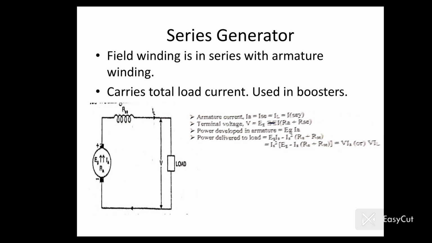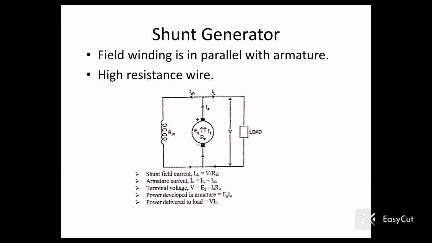In this type, the field winding is connected in series with the armature winding. That means the entire armature current flows through the field and the load. Since it carries high current, the winding has few turns of thick wire with low resistance. These generators are rarely used, only for special applications like boosters. Circuit explanation. Power delivered to load is V into IL.